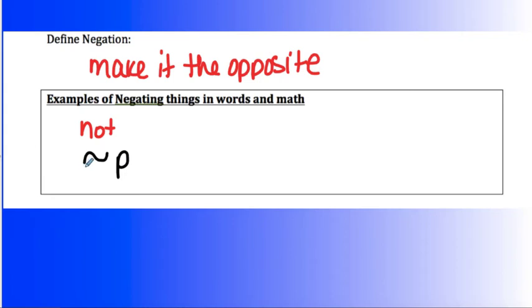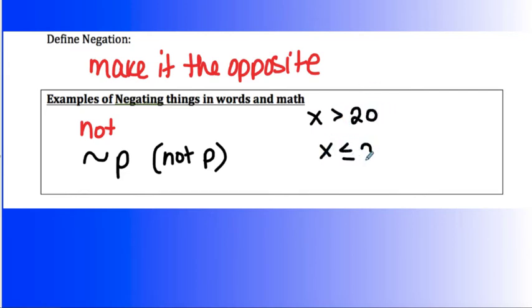So that means not P. If I say X is greater than 20, negating that would be X is less than or equal to 20. So I want the complete opposite of that. If I were saying that P equaled 5, well, negating that would be P does not equal 5. So those are some ways we can negate things in math.